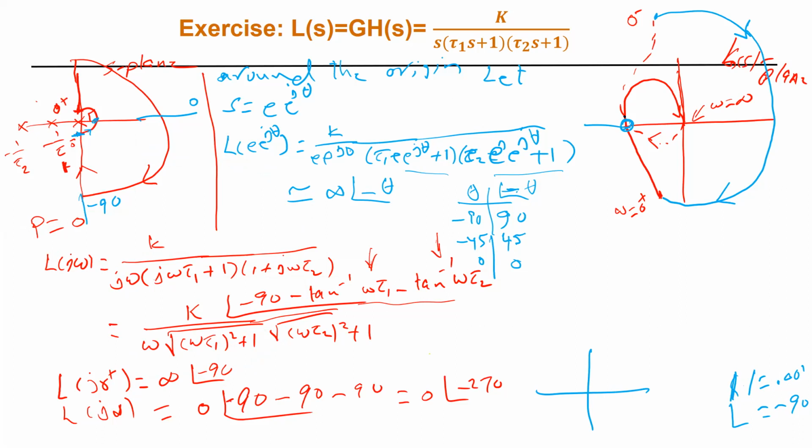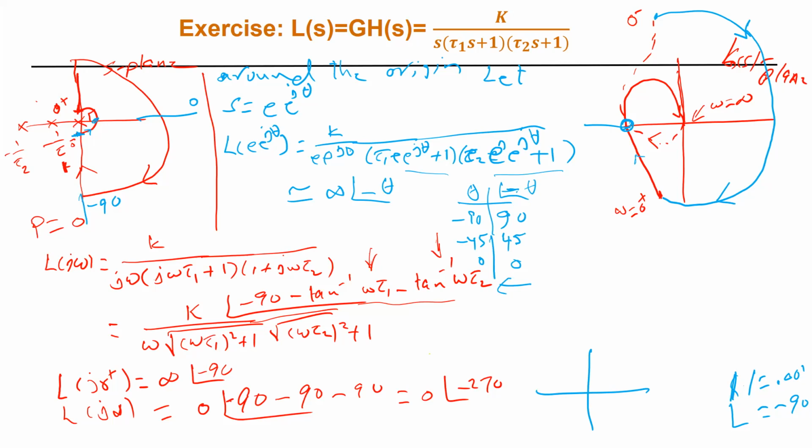Exactly. So basically, look, I am moving in this direction. So in here, this is the angle of minus 180. If I set the phase to minus 180, that will give me omega. I will use omega in finding the magnitude.